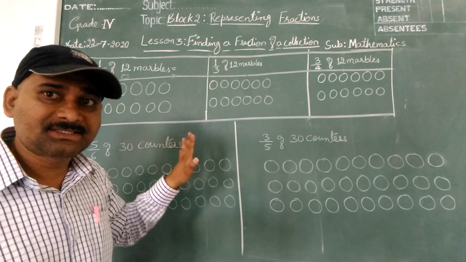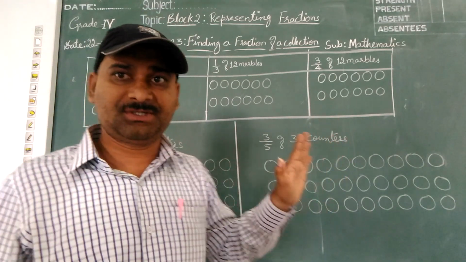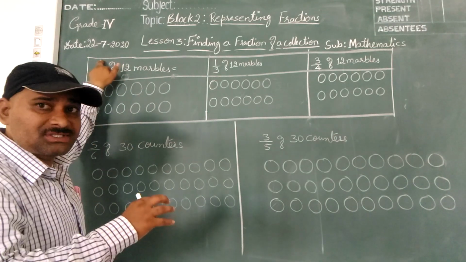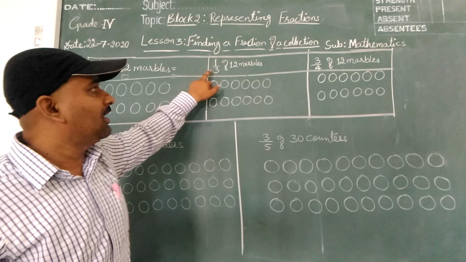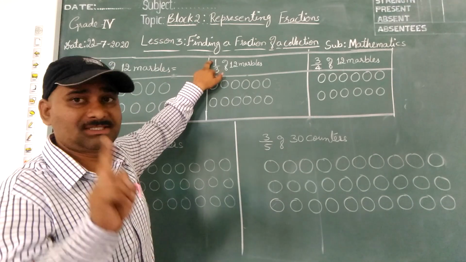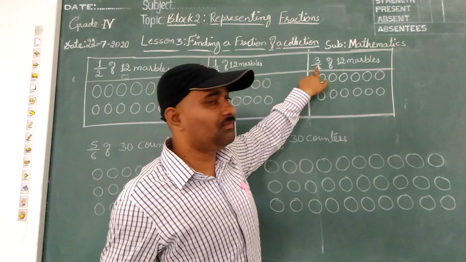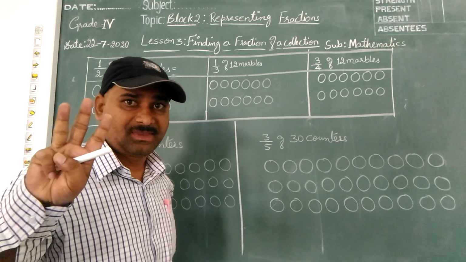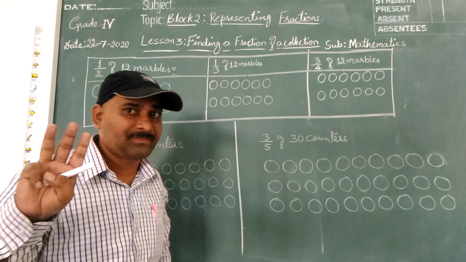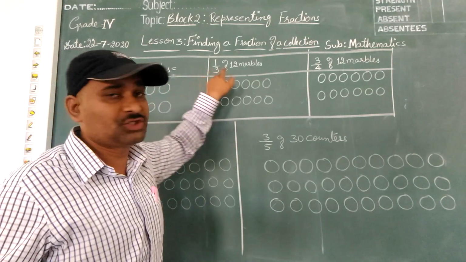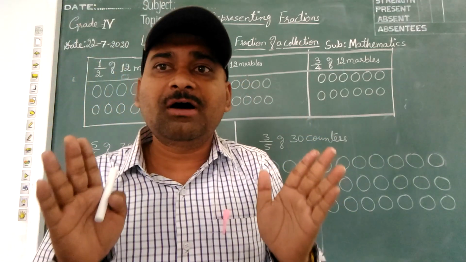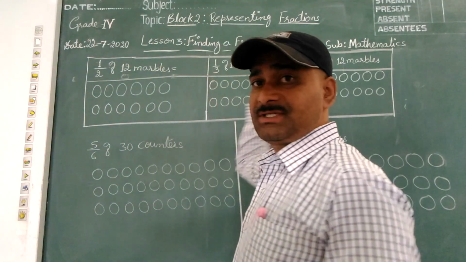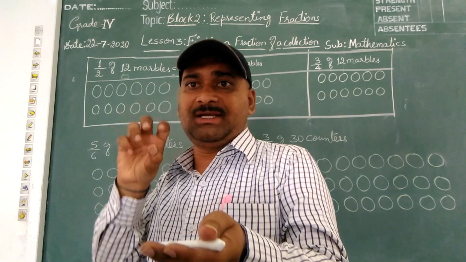The denominator represents the number of groups. 1 represents, out of 3 we have to select one group. Out of 4 groups we should select 3 groups. This is very important, children. The denominator shows the number of groups. The numerator shows how many groups we are selecting.